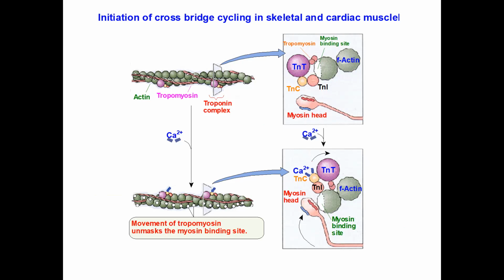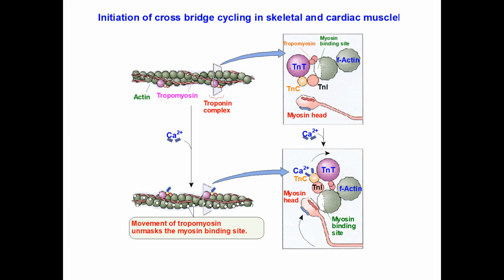It happens through calcium release from sarcoplasmic reticulum. As calcium is released, first I must say this troponin C, which binds calcium, has binding sites for two pairs of calcium. One is a high affinity binding site, one pair for two calcium, and the other is a low affinity calcium binding site.